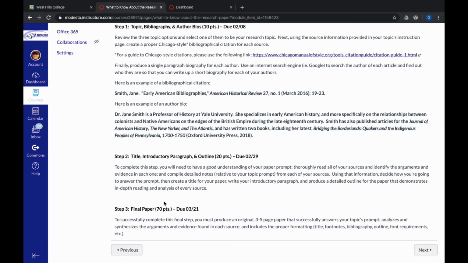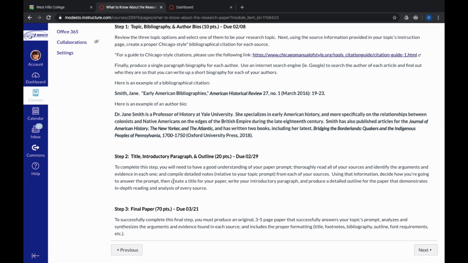This is probably the most important step, because not only does it allow you to map out your paper and have all of your notes organized, and you need to have read all of your sources in depth and taken good notes to accomplish step 2, but it also allows me to see how well you're doing so that I can give you some corrective guidance if necessary before you get to step 3.